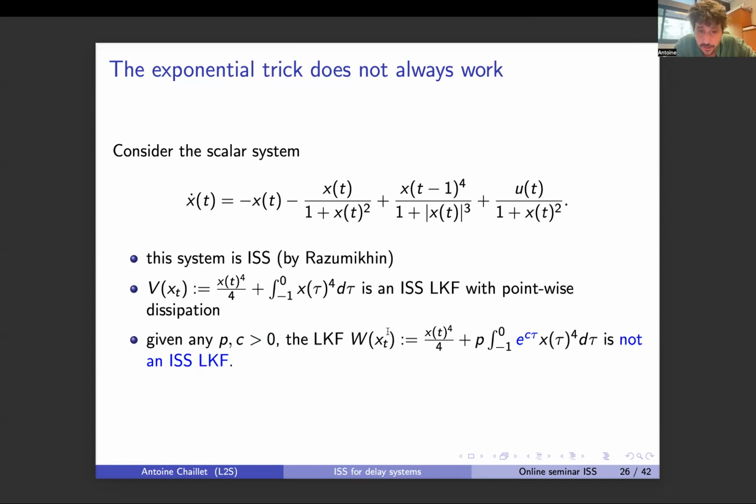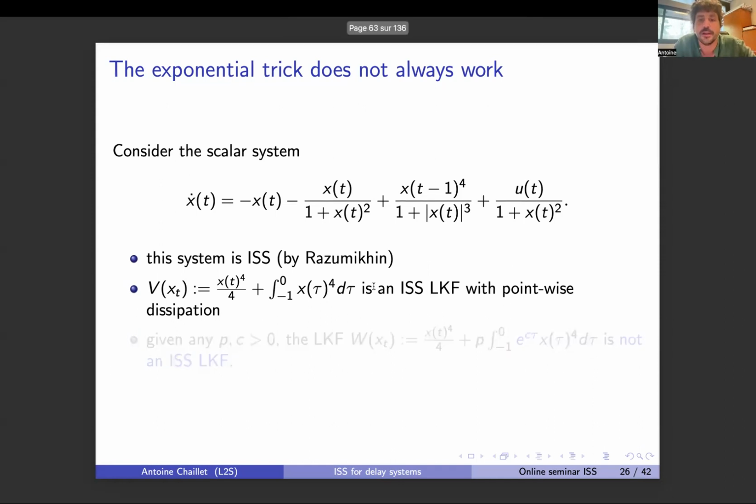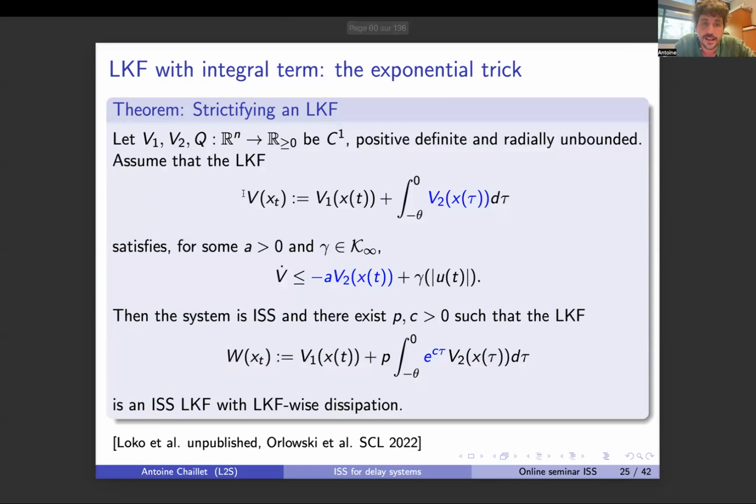Actually, this functional here, whatever p and c that you pick, admits positive values for W dot. So this shows that the exponential trick is far from being systematic, even when focusing on this class of integral Lyapunov-Krasovskii functionals. Okay.